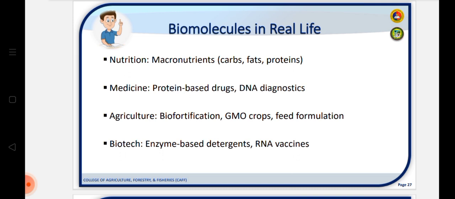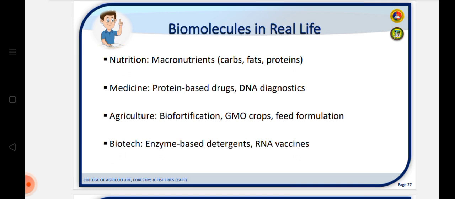In terms of nutrition, every time we eat, we're interacting with biomolecules. Carbohydrates, lipids, and proteins are macronutrients, and these macronutrients are essential for energy, growth, and repair. So understanding their structure helps us make informed choices about our diet, food processing, and nutritional interventions.